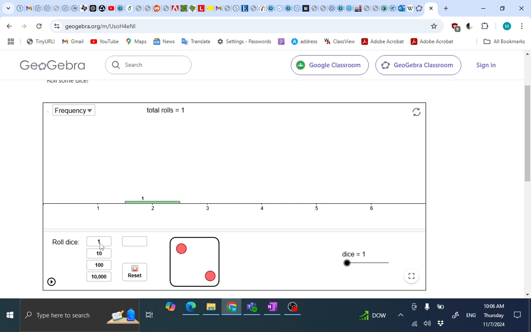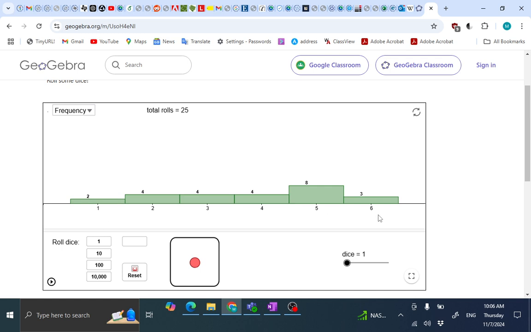Well, I got a 2. Now I roll it again. I just click here. I got a 3, and I got a 6 now. So you see 6 dots. So as we continue this, if this is a fair die, it would mean all of these outcomes are equally likely.